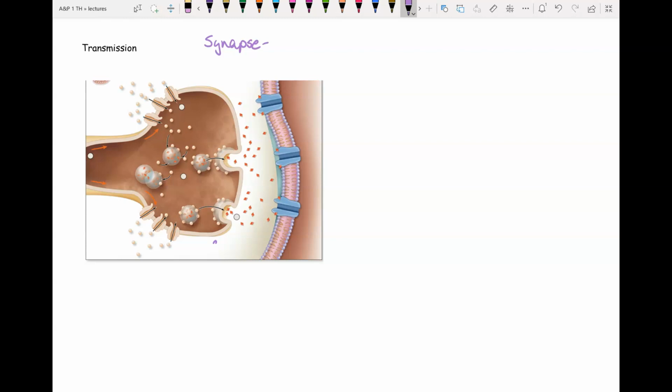A synapse is where the neuron is going to communicate with either another neuron or the effector. And it does so by secreting neurotransmitter.